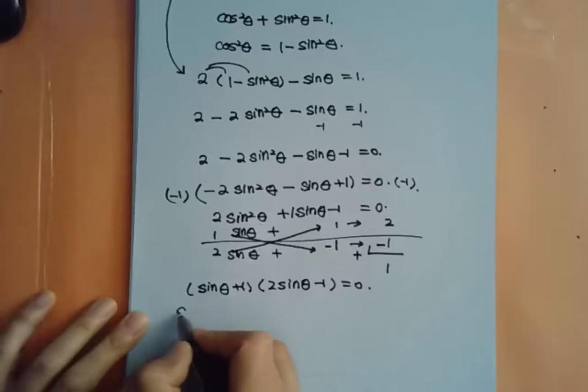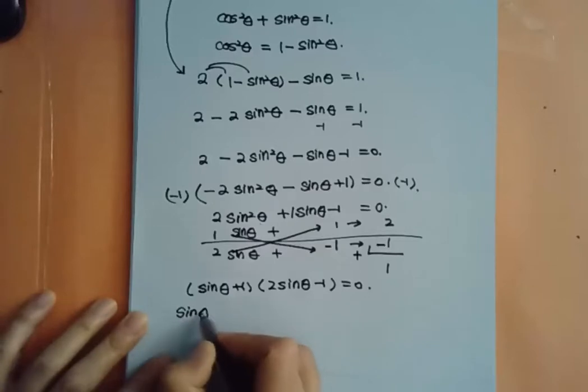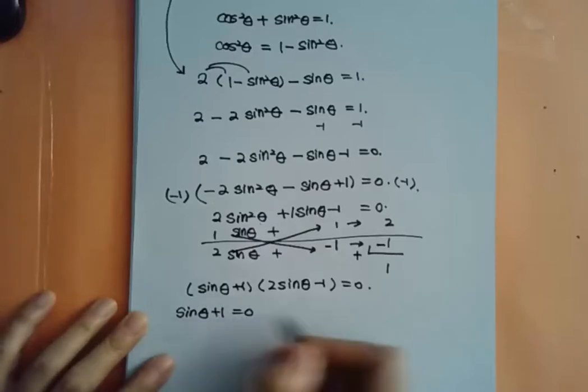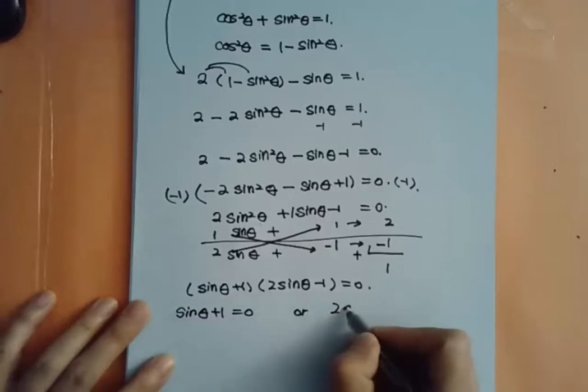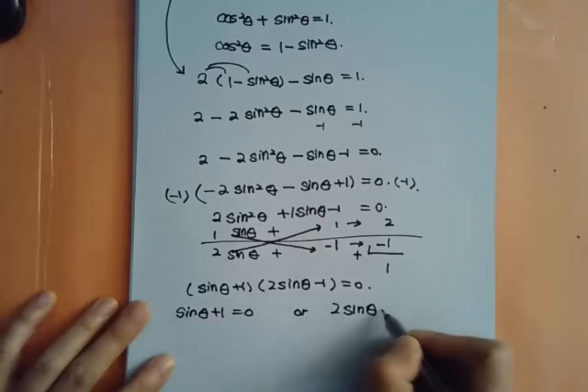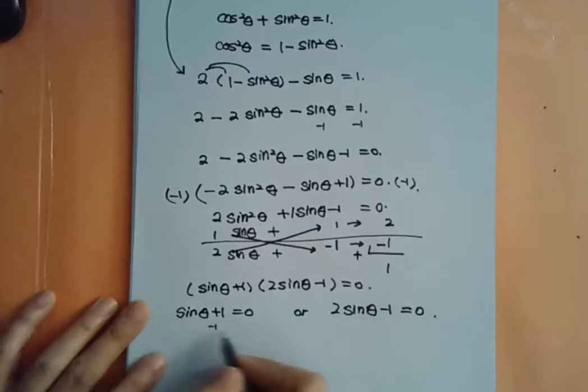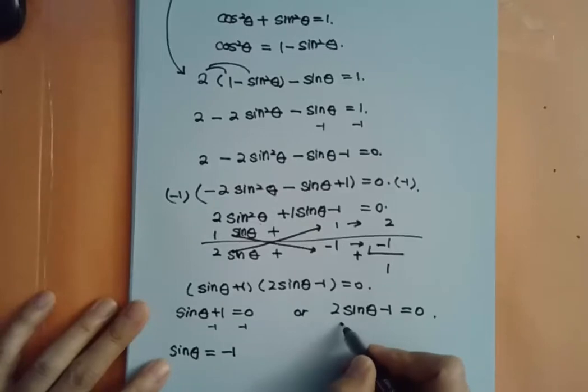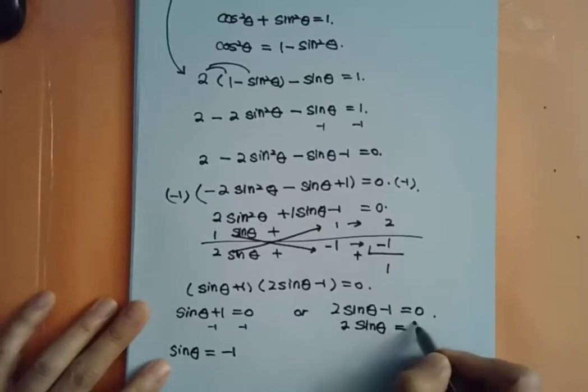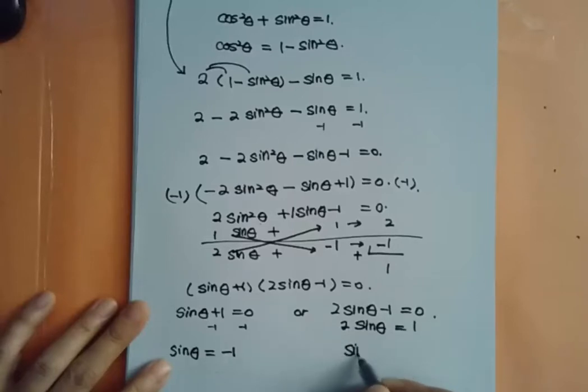So we have sine theta plus 1 equals 0, or 2 times sine theta minus 1 equals 0. We subtract 1 on both sides, then we have sine theta equals minus 1. And in this case, we have 2 sine theta equals 1, so sine theta equals 1 over 2.